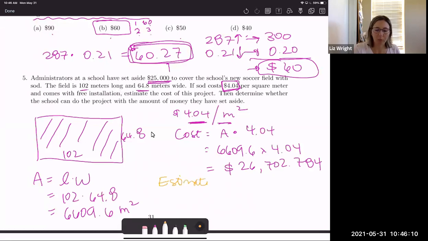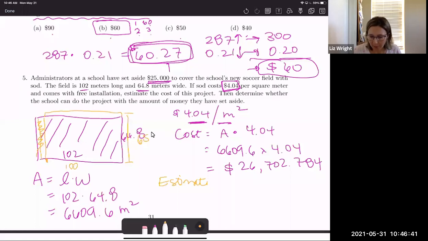With that 102, I'm actually taking off 2 meters here, as if I just cut those off. So I'm saying my estimate is going to be 100 instead, but then I'm going out a little bit more to 65. And so I'm totally changing my dimensions. And we're going to see if this estimate method is okay or not.